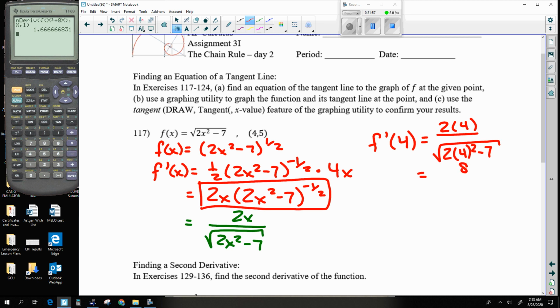A lot of mental math there. 4 squared is 16. 16 times 2 is 32. 32 minus 7 is 25. Square root of 25 is 5. So this is 8 over 5, ultimately the slope of the line.